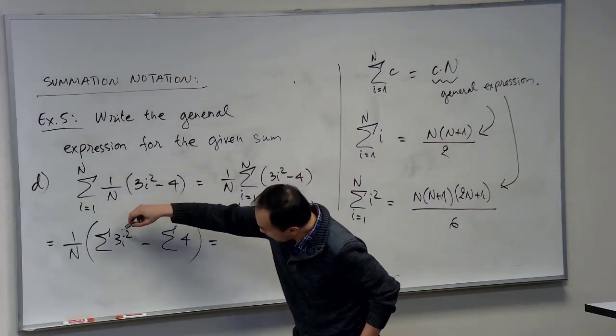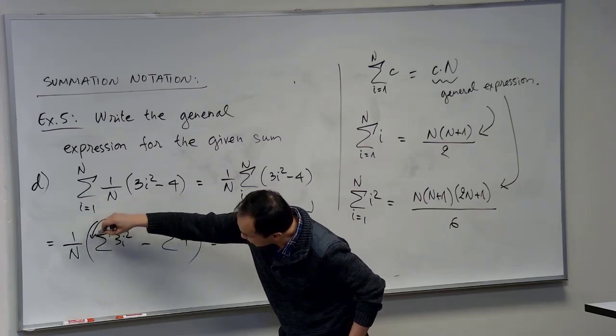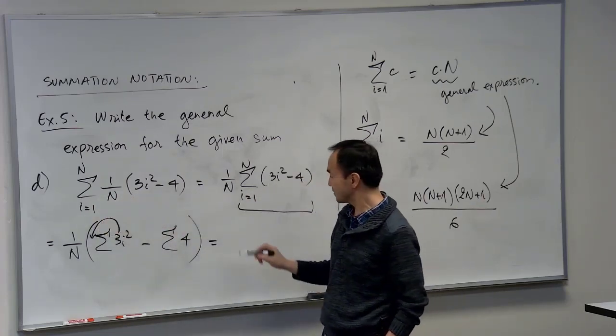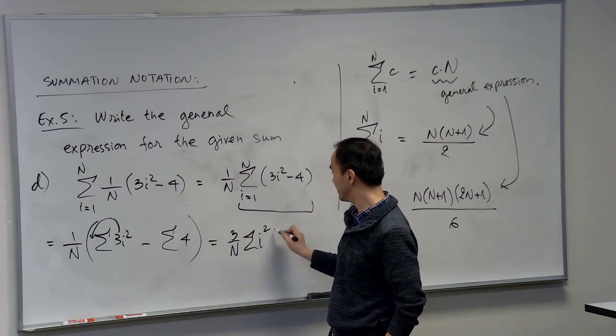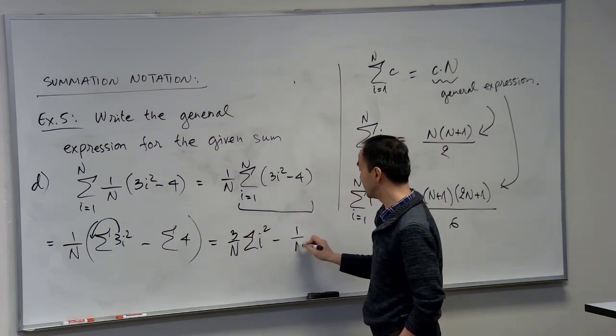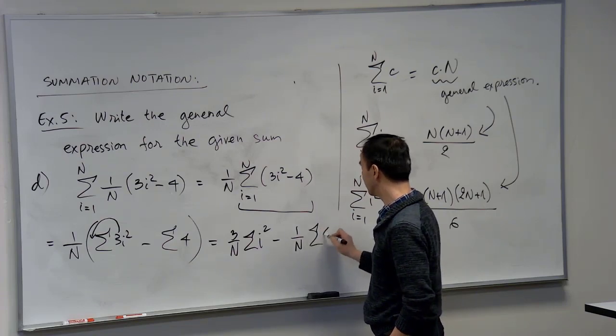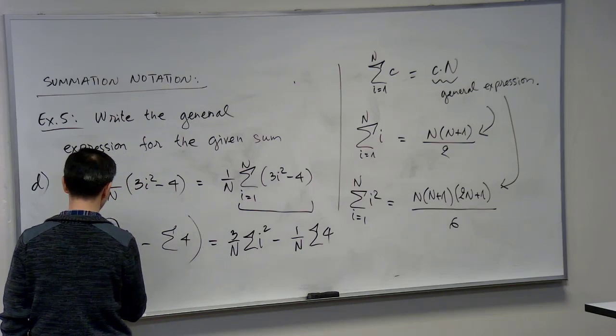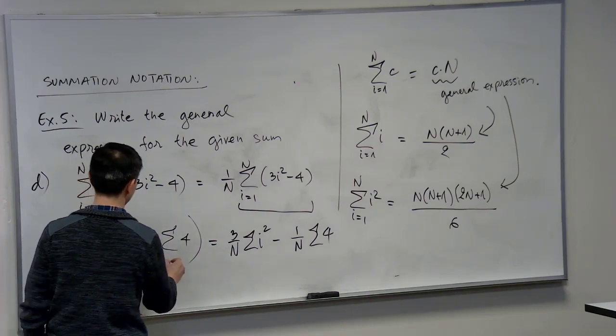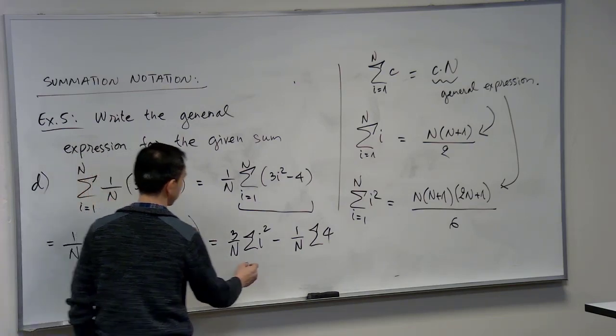And then I can also pull the 3 in front of my sum, so altogether that's 3 over n times the summation of i squared, minus 1 over n times the summation of 4. Of course, these are all i going from 1 to n.